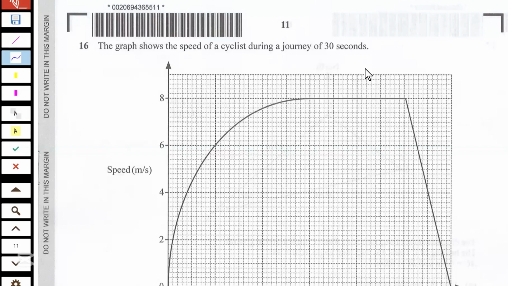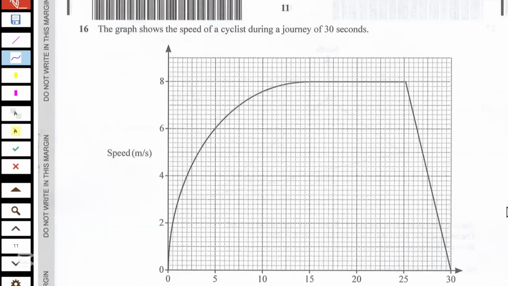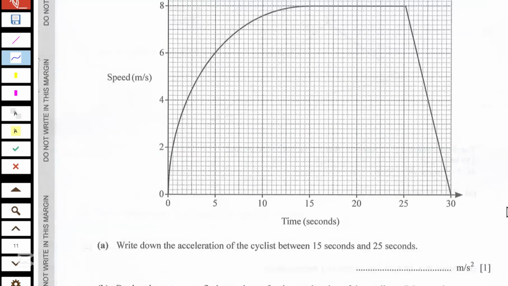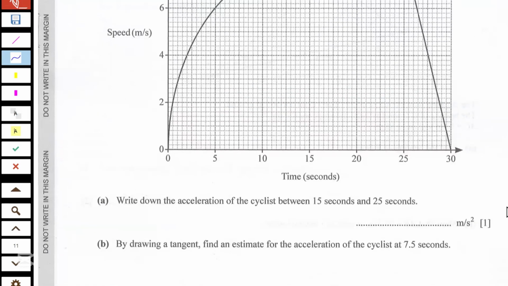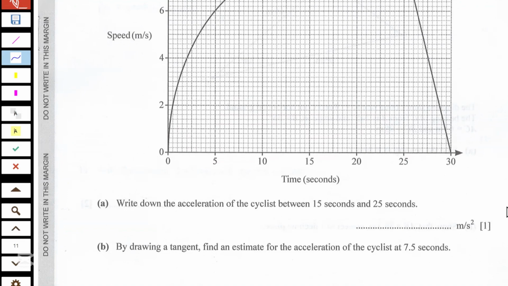Question 16: the graph shows the speed of a cyclist during a journey of 30 seconds. Here is the graph, with speed on the y-axis and time in seconds on the x-axis. Write down the acceleration of the cyclist between 15 seconds and 25 seconds.